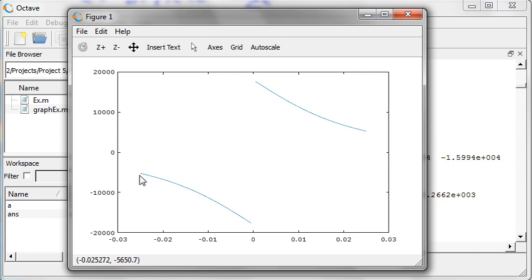So the line of charge is at x equal to 0, and then along the y-axis, which is not depicted in this picture. And then as we approach it, we're getting closer and closer to the line of charge. I find it interesting, the x component of the electric field gets stronger and stronger.